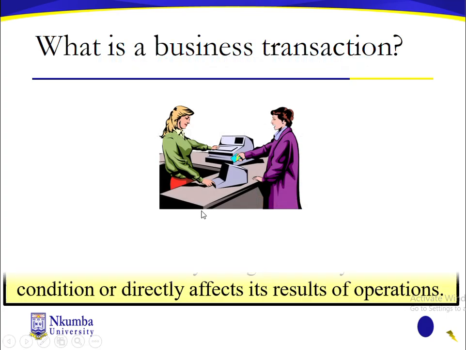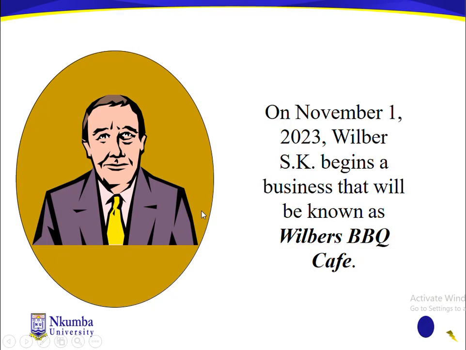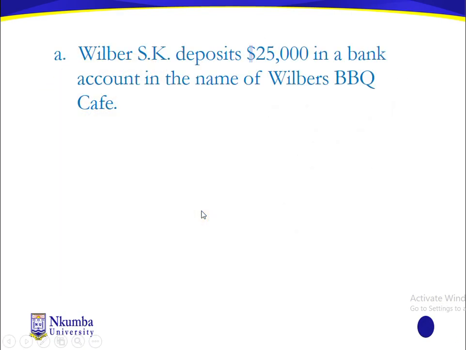So this exactly is what you see here, that when Wilber SK deposits $25,000 in the bank account in the name of Wilber's Barbecue Cafe, that money has gone to the bank account, but we shall say we are going to credit the what?